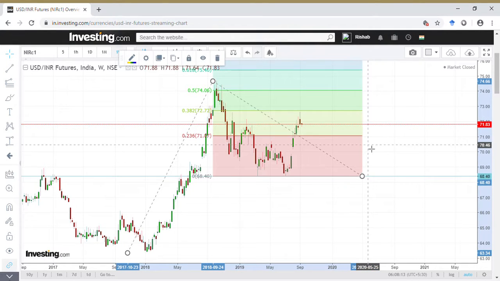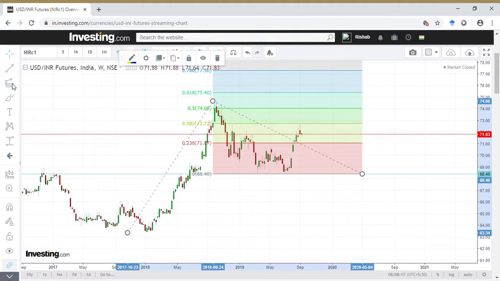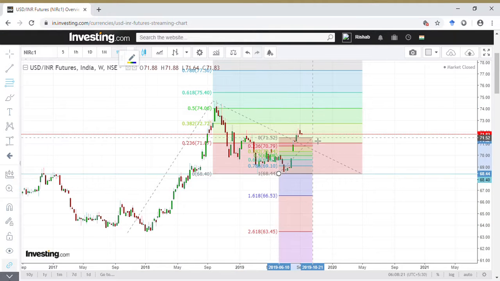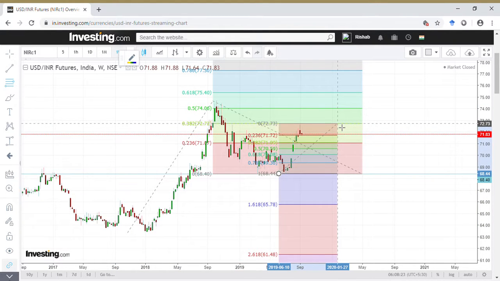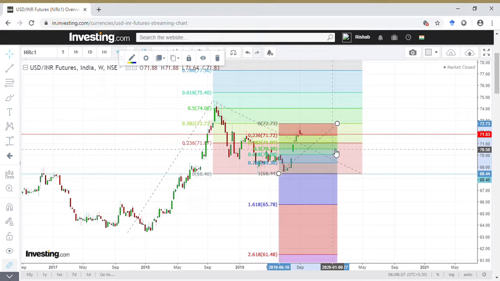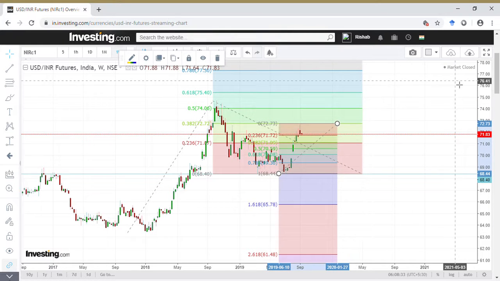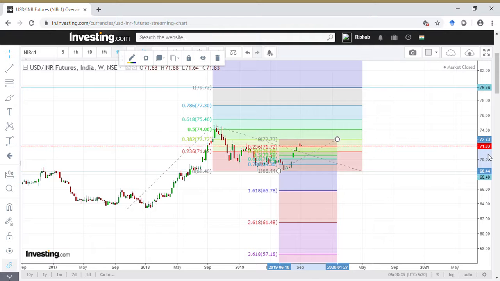If we enter at the exact 50% of our Fibonacci, our entry point is supposed to be at 70.59. If we enter at 70.59, these are the target levels to be expected. 72 is the first target, and then 74, and then so on. The eventual target will be 79.72 to 79.76.